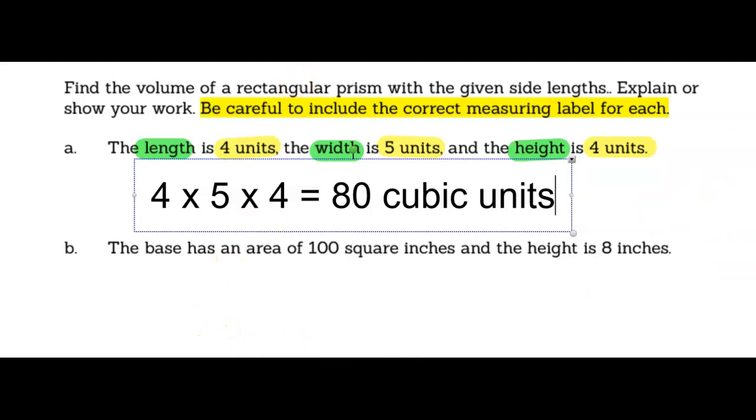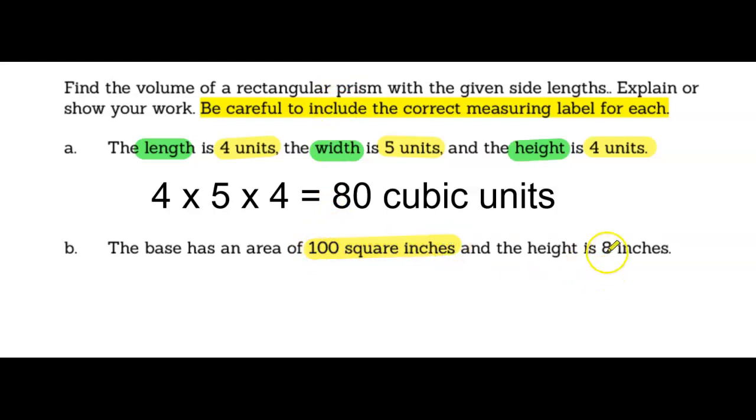Letter B gets, to me, even a little easier. Okay? So the base has an area of 100 square inches and a height of 8 inches. So we highlighted, circled, whatever was the most important bits of information. Okay?